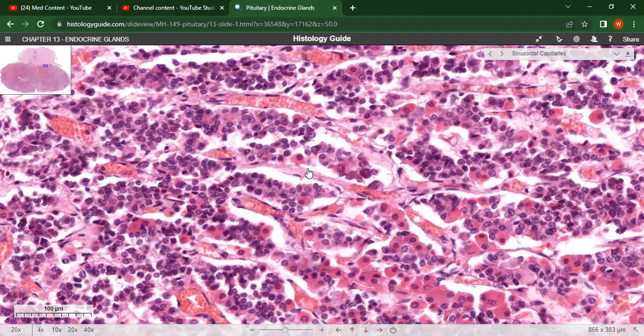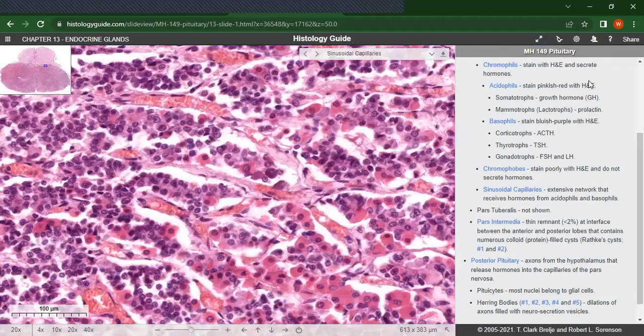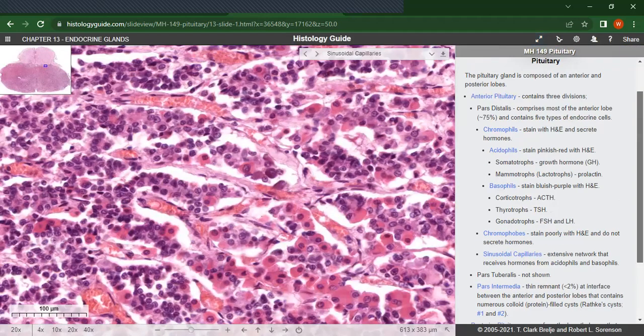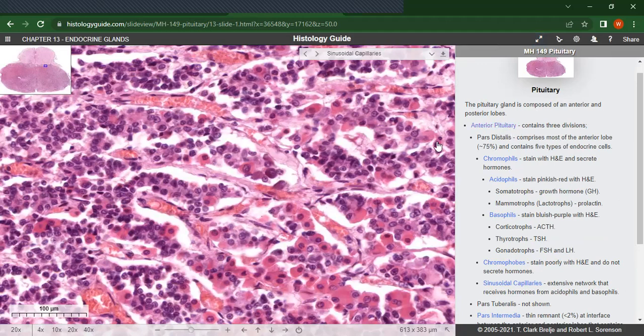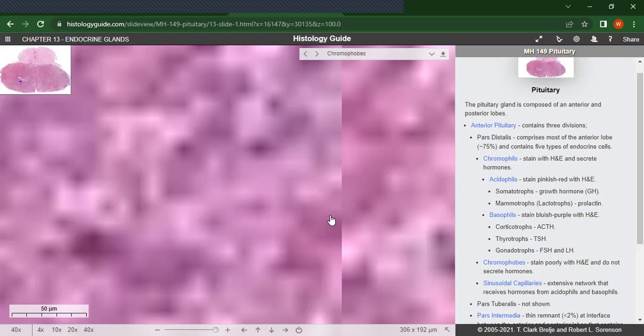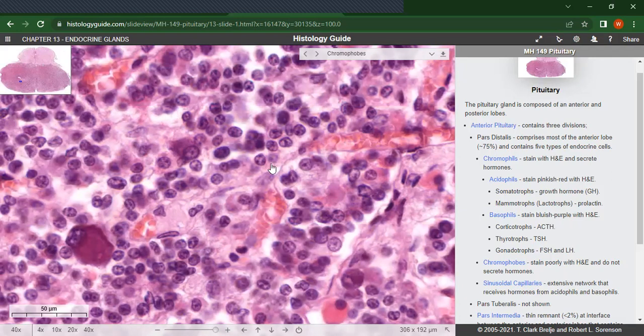Then remember the adenohypophysis has 2. I'll show you the notes. The anterior pituitary, or what I'm calling the adenohypophysis, has chromophils and chromophobes. Chromophils take up the stain. Chromophobes do not take up the stain, and I said chromophobes don't produce any hormone. These ones.